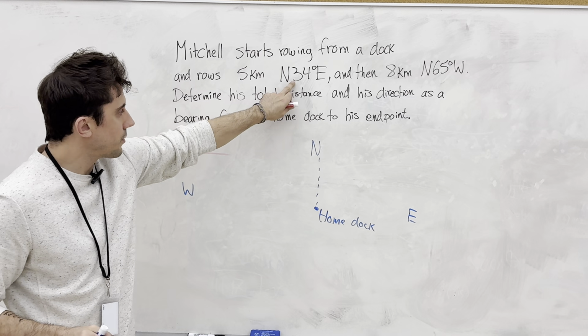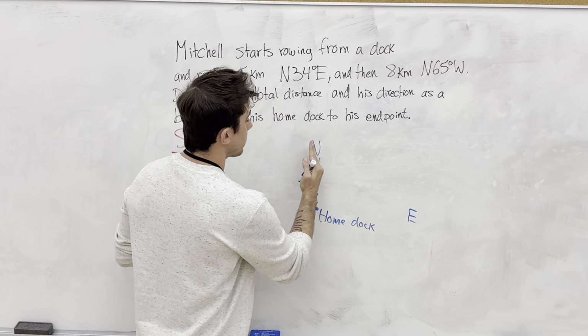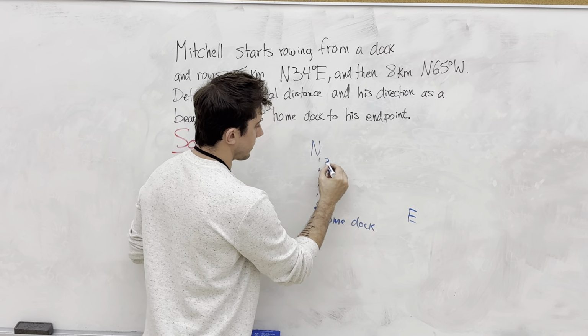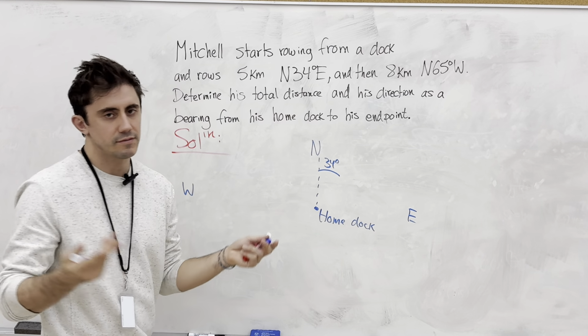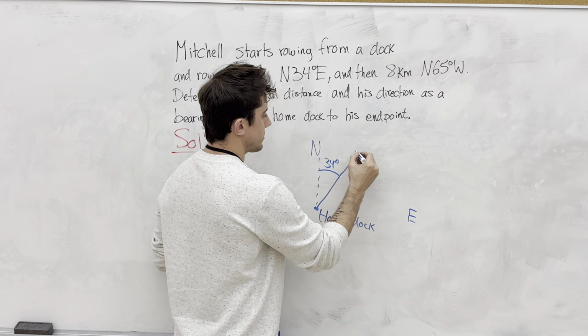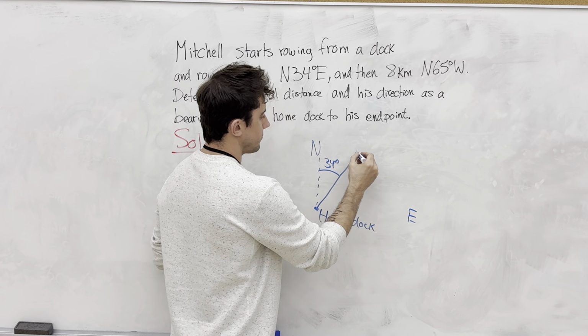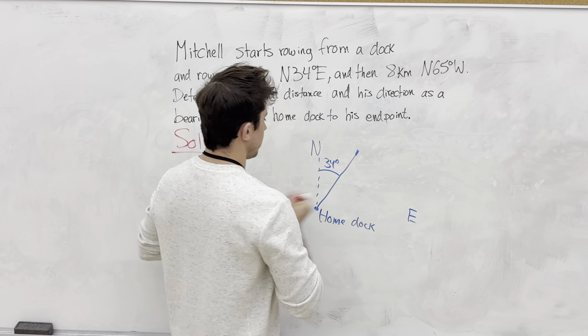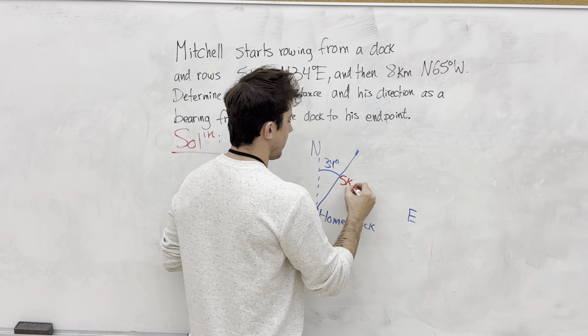And so north 34 degrees east means we're going north and then veering off by 34 degrees towards the east. So something like that. An estimate is good enough. And so then we're going to travel 5 kilometers in this direction. Yeah, we'll leave it like that. And then I'll label this side length 5 kilometers.